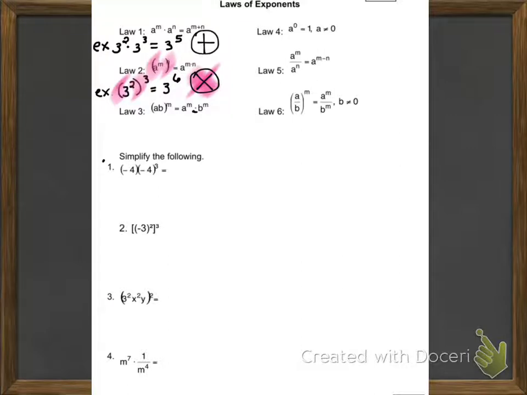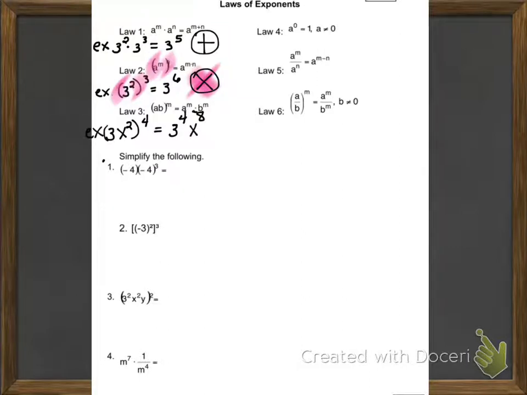Now, a times b to the m power, let's go on to law 3. That just means everything in the parentheses is raised to the m power. So if I have 3x squared to the 4th power, then I have 3 to the 4th power, which is 81, and x to the 2 times 4, because that's a parentheses raised to a power, so I multiply: x to the 8th then.